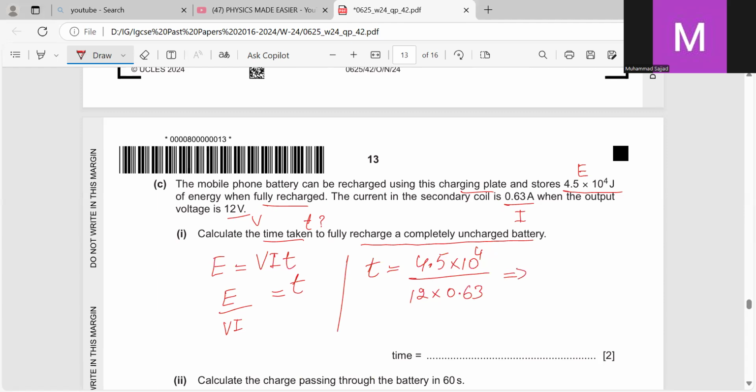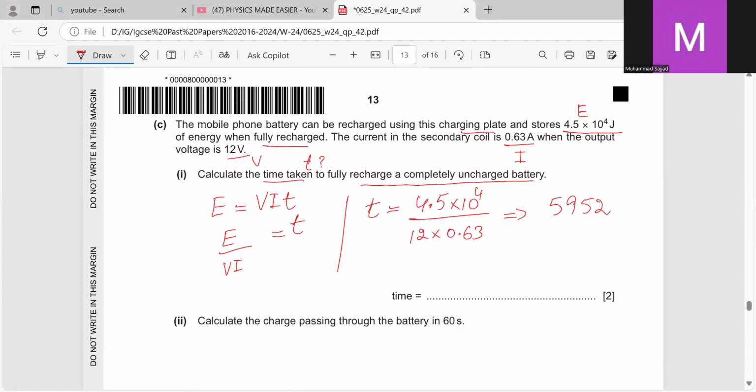So let's check what is the answer. 4.5 times 10 raised to power 4 divided by 12, and then again divided by 0.63, we are getting 5952.52 seconds.